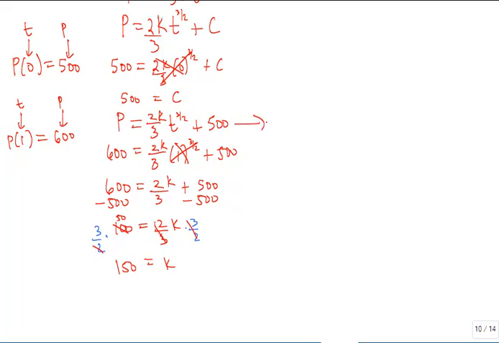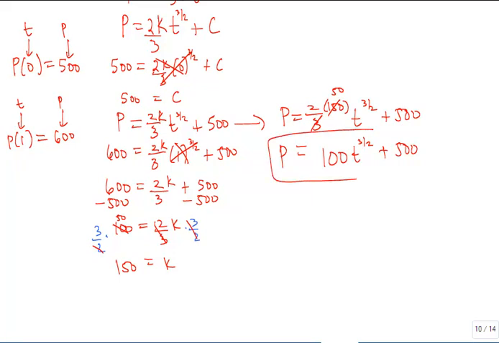So this formula becomes P equals 2/3 times k, which we now know is 150, t to the 3/2 plus 500. Reducing that, 3 goes into 150 50 times. 50 times 2 is 100. So this is 100 t to the 3/2 plus 500.